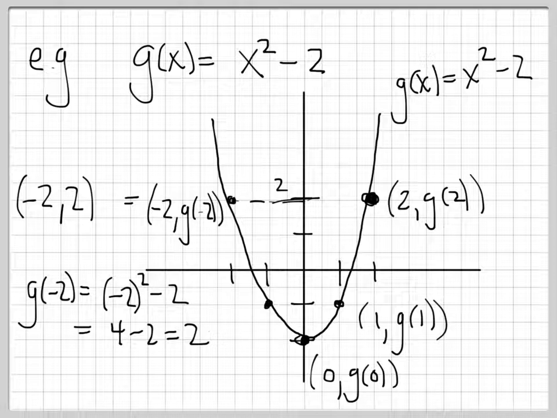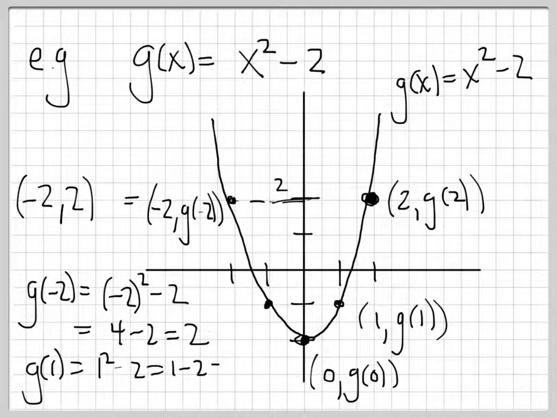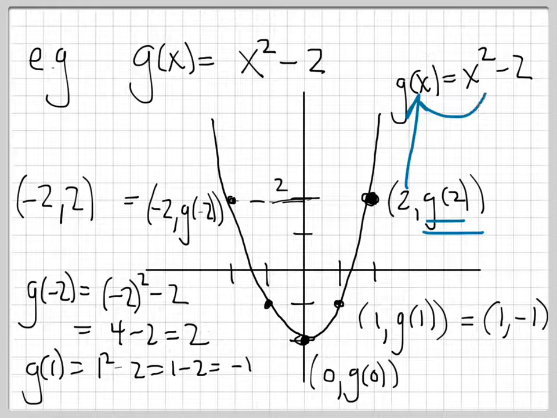And then let's go ahead and plug in 1. g of 1 is 1 squared minus 2, which is 1 minus 2, which is -1. And so that should be (1, -1). And again, that is. And so you can see how, again, there's a correspondence between how we label the points and the function, and that correspondence is always that the y value is what happens when you plug x in to the function, and you get the y value.